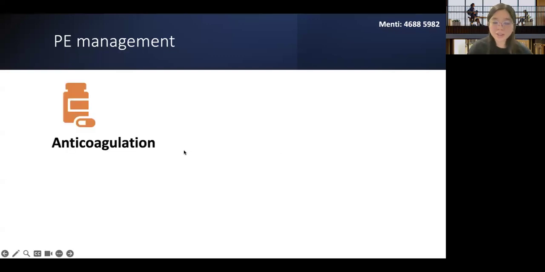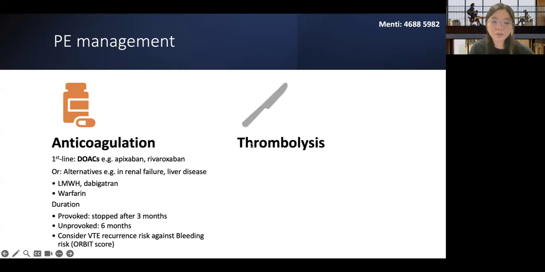And for the PE, there are various options. You could do anticoagulation or thrombolysis. Anticoagulation is usually with DOACs. You might see some other anticoagulants being used. It's either because they have comorbid conditions that cause consultants to use different options, or it might just be that the consultant is not following the updated guidelines.